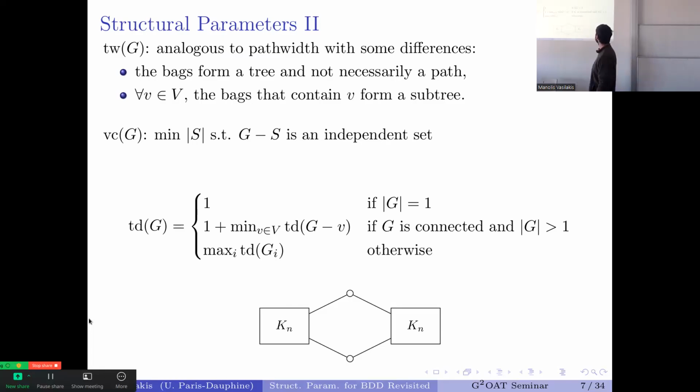This actually has another definition via something called the elimination forest. Those are quite usual parameters, and we have a lot of results parameterized by those in structural parameterized complexity. These are some of the most used, I would say.